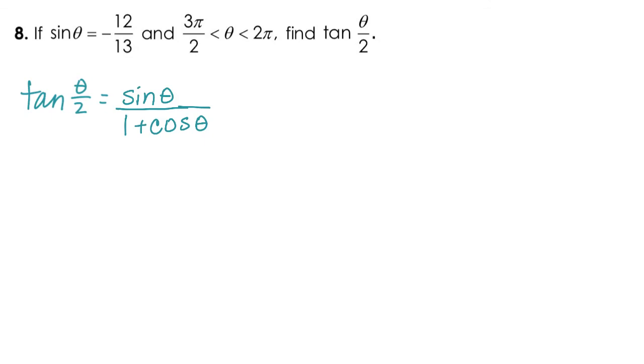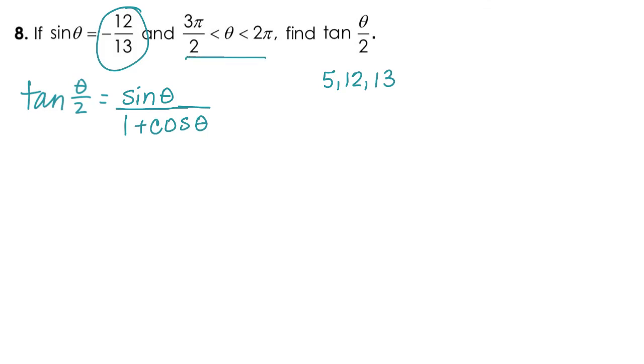So, if you know 12 over 13, this is going to be a 5, 12, 13 triangle, because you already know this much of it. And so, what quadrant are you in? Well, it looks like you're going to be in the 4th quadrant.